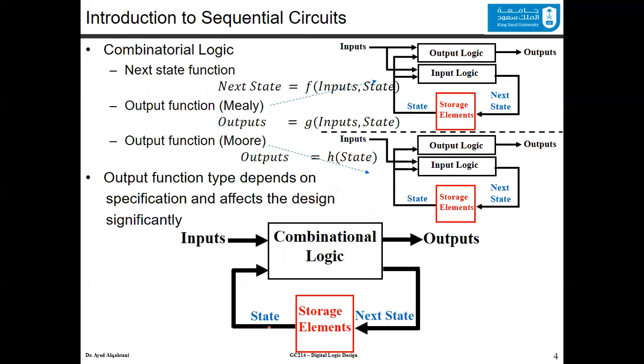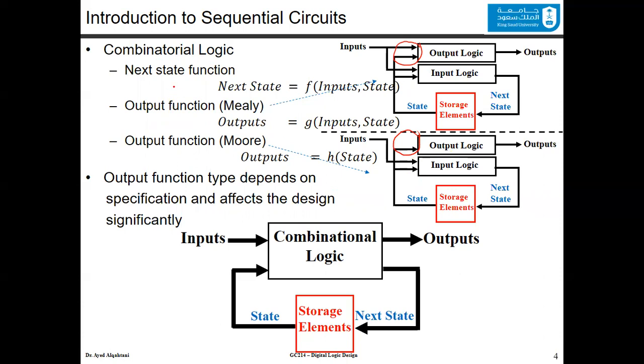Now, there are 2 types of sequential circuit, Mealy and Moore. This is the general sequential circuit as we've seen. From the general sequential circuit, we have 2 types. You can see the differences are here in the inputs. If we look at the combinational logic, we separate it into 2, the output logic and the input logic.